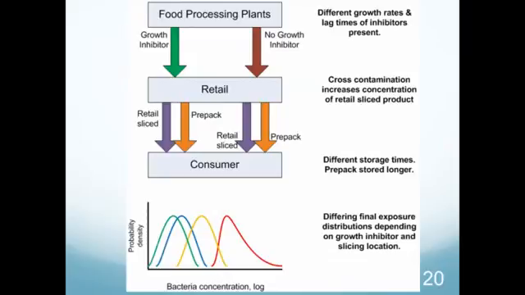Now the higher risk one is that we have no growth inhibitor, there's no preservative, and we're going to slice at retail. We know from our scientific studies that at retail we get cross-contamination, it might be improper sanitation, there's more risk because it's not regulated as strictly as a food processing plant.